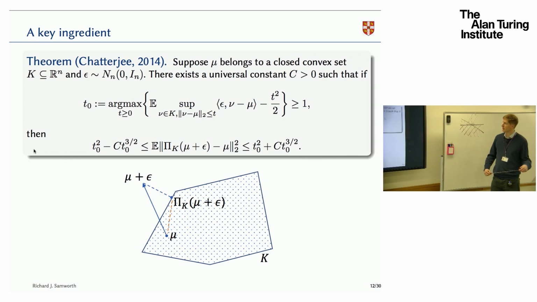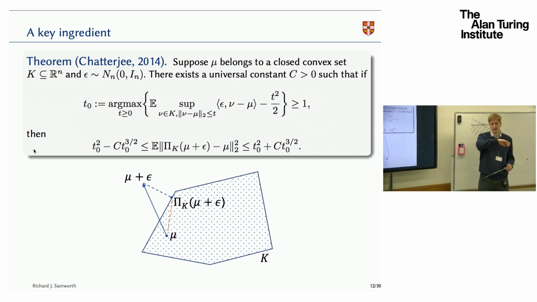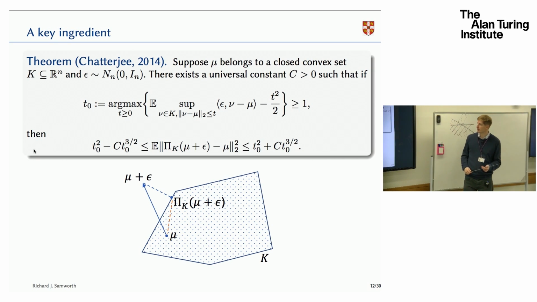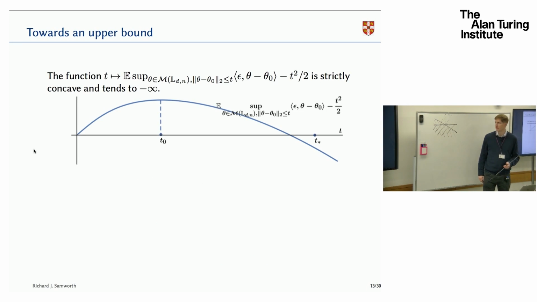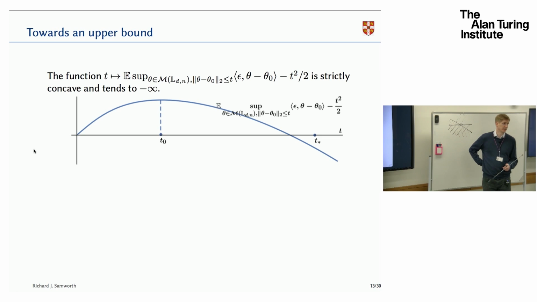So it's 0 when t is 0, but then because of the linear thing, it's going to be increasing to start with, but then eventually this quadratic term is going to win the race, and it's going to come down. And actually what you can show is that this is a strictly concave function that tends to minus infinity.